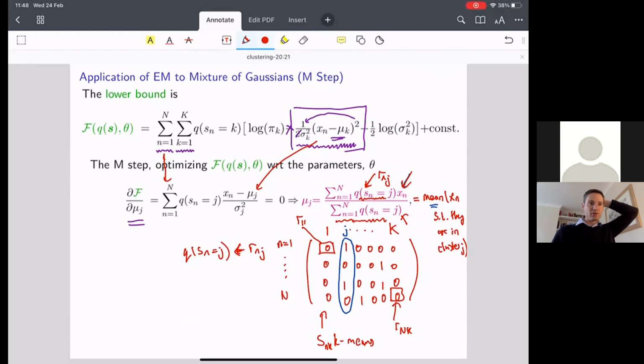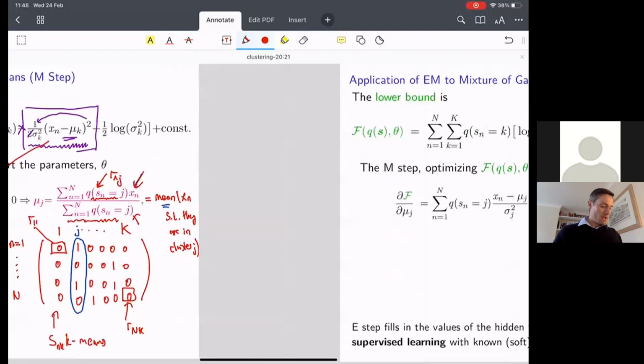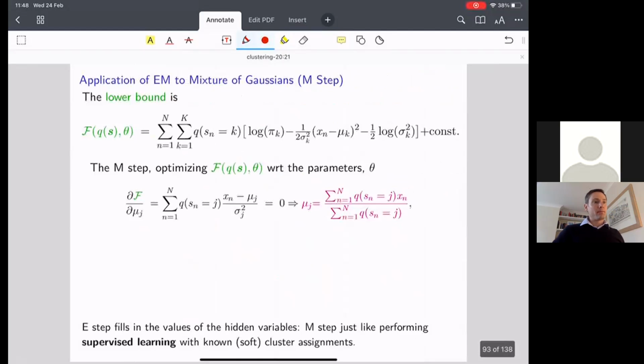Hopefully it's fairly intuitive now what this update is doing. You can think of what the E-step has done as filling in the values of the hidden variables for us. Because we're operating with this log joint distribution, what we're essentially doing is filling in the values of the hidden variables by averaging over the probability that we came from each one of the clusters.